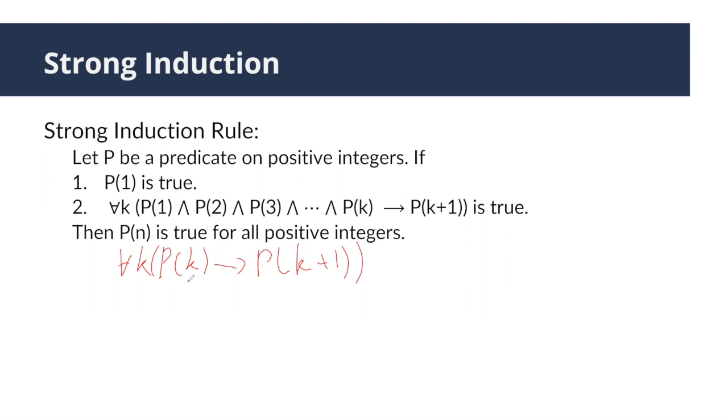Instead of just the previous element k having property P, now we assume all the previous elements from the first one to the immediate previous one k, they all have this property P. And now we have more assumptions to use to prove that k plus 1 also has this property P, or in other words, Pk plus 1 is true. This is the reason why we call this one strong induction, because we have more assumptions to use to prove Pk plus 1 is true.